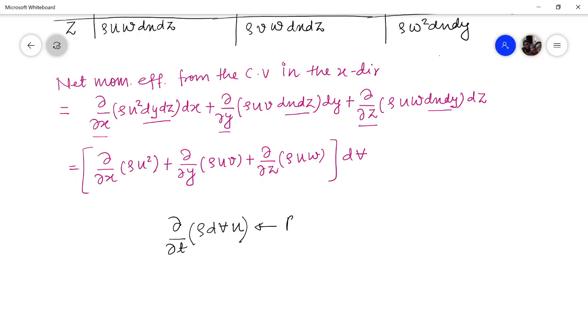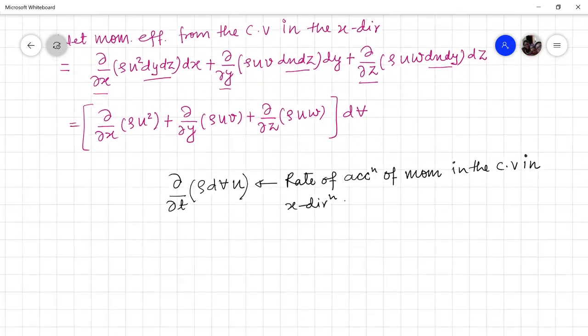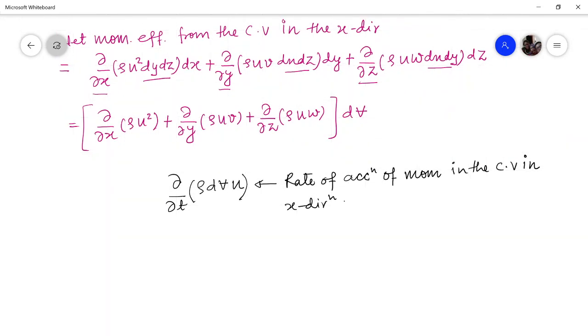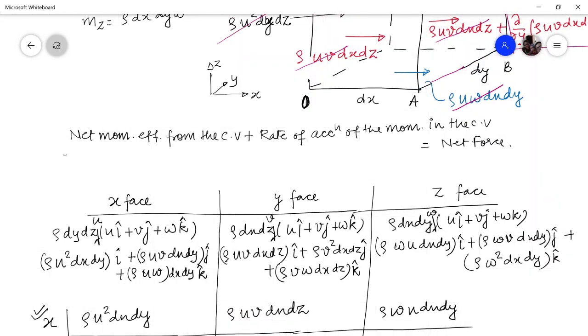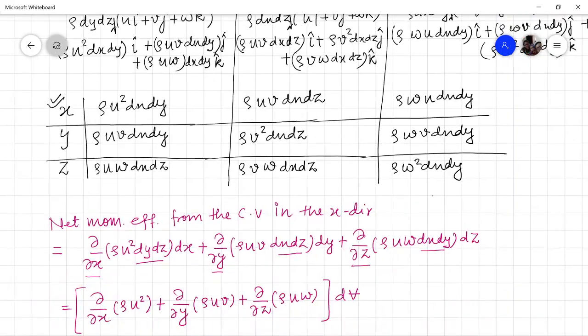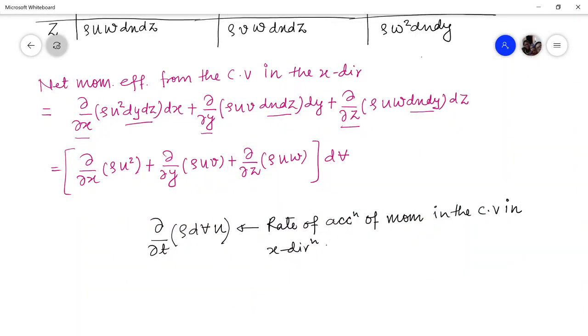This is the rate of accumulation of momentum within the control volume in the x direction. Okay, so the left hand part of the equation which we have intuitively developed is done. Now comes the right hand part, that is the net force. So let me call this equation 1, this equation 2.